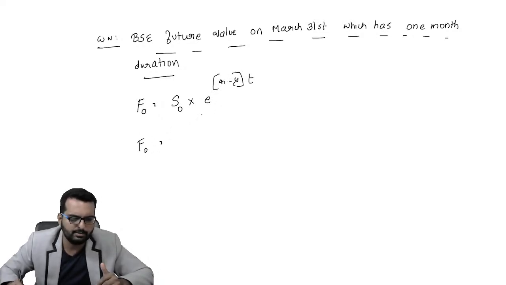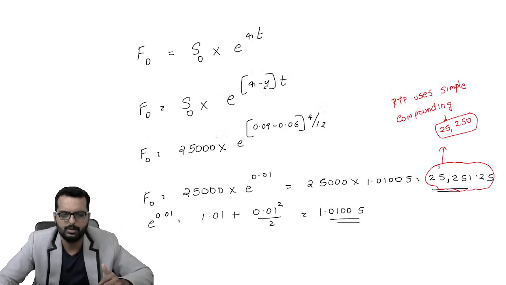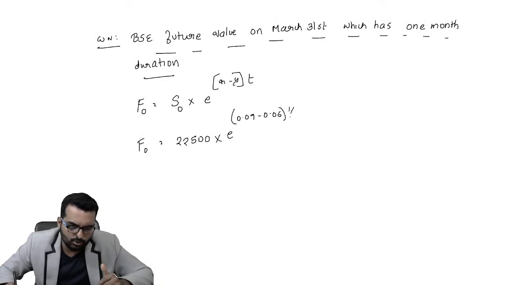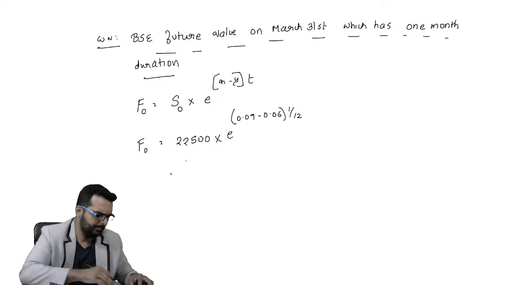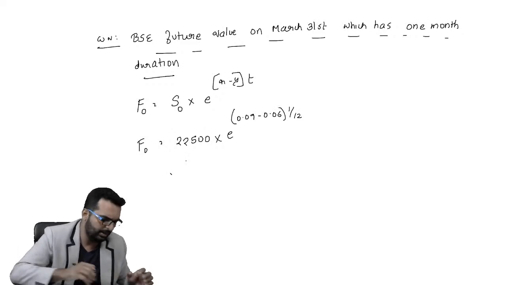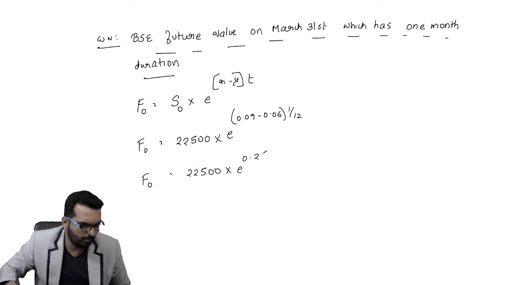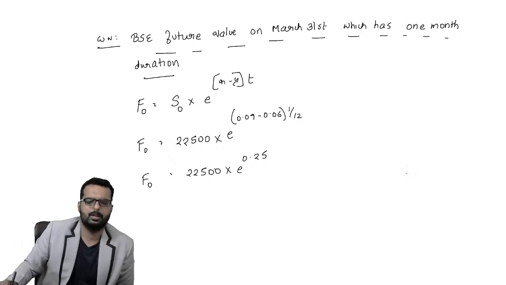So the future price will be 22,500 into e raised to (9 minus 6) into 1 by 12 now. So that is 3 divided by 12. So that will be F0 is equal to 22,500 into e raised to 0.25.